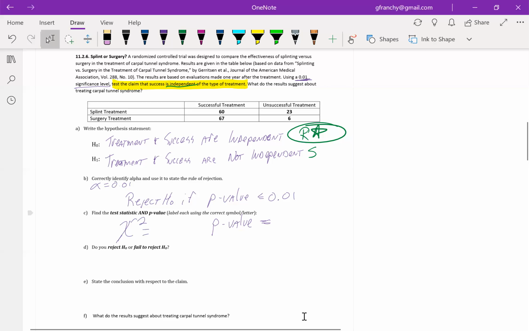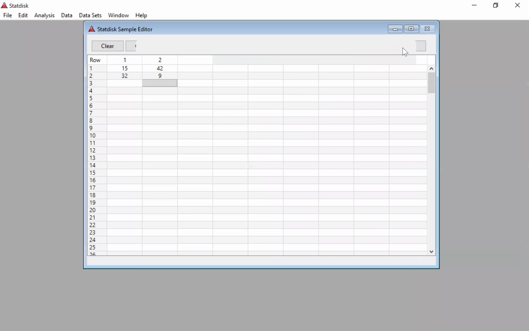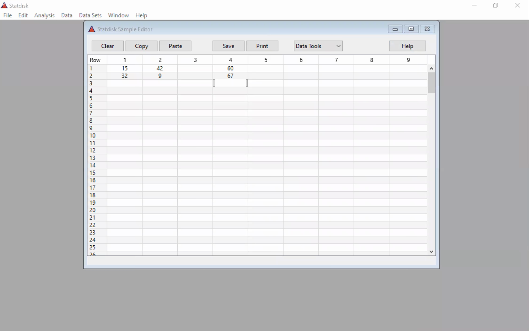So let's get rid of them from the last. So we had 60 and 67 in the first column and 23 and 6 in the next column.